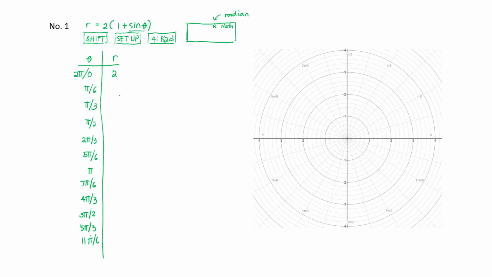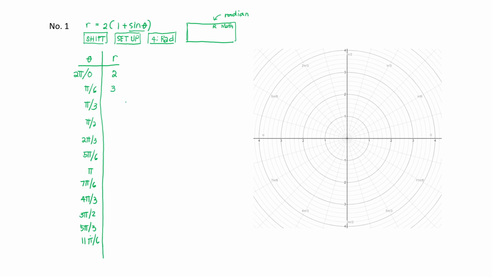And the next is pi over 6 or 30 degrees. So again, don't use 30 degrees because we are in radian mode. So use pi over 6. This will be 3 for the 30-degree angle.